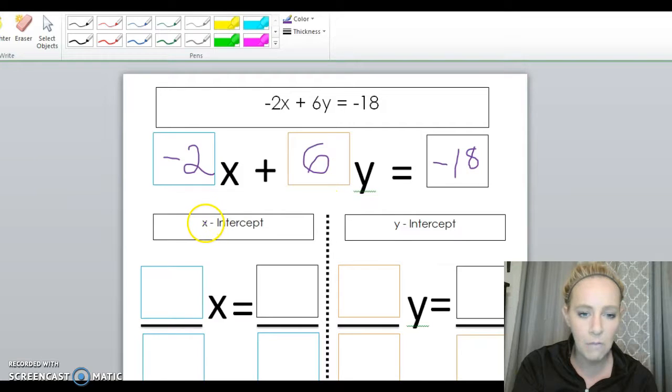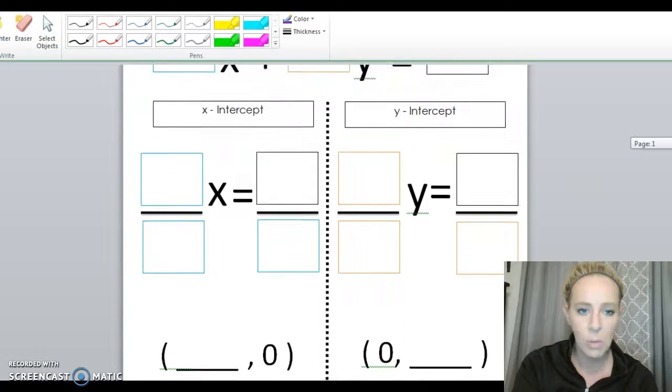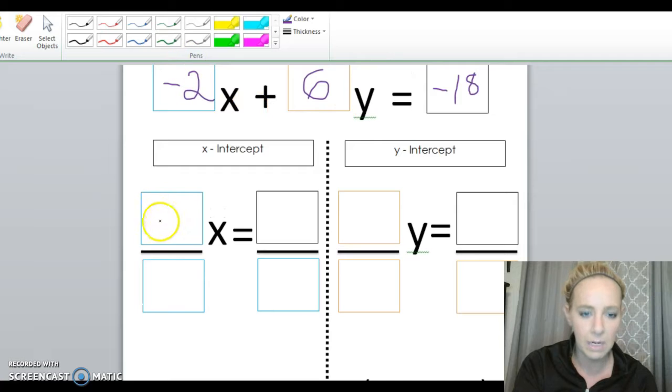To solve for our x-intercept, again, we would plug in 0 for y. And in that case, it'll cancel out this term. So then we'll just be left with negative 2x equals negative 18.